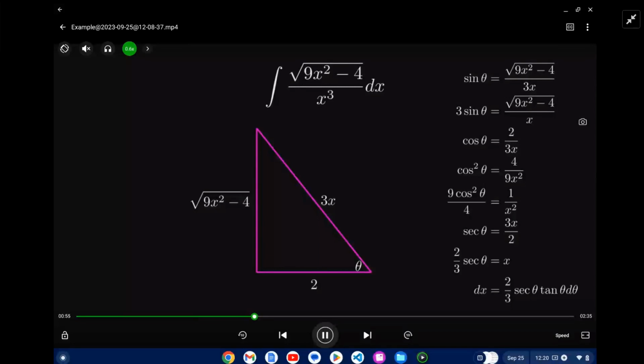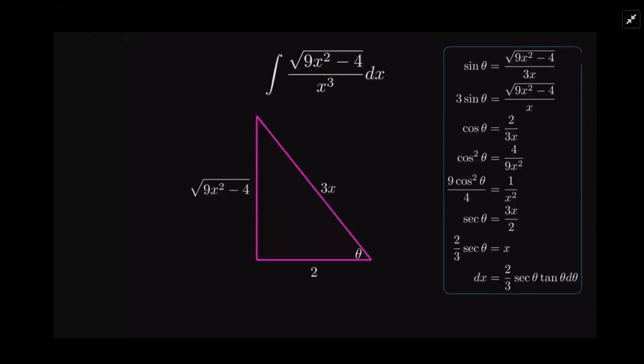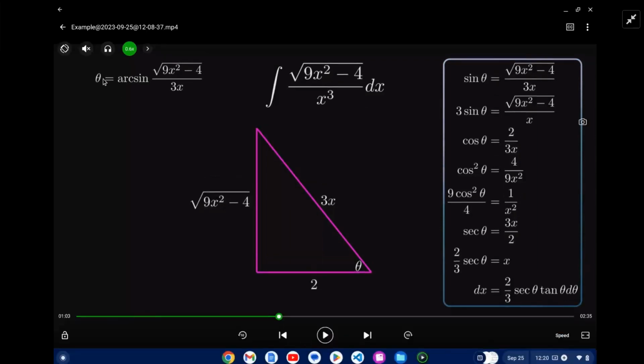This is all the stuff that we need now to substitute. Then at the end, we're going to have to substitute back the x's. So we need an expression for theta in terms of x.